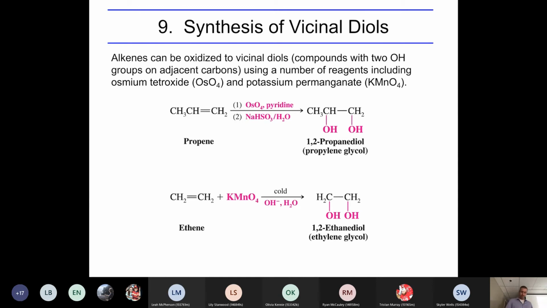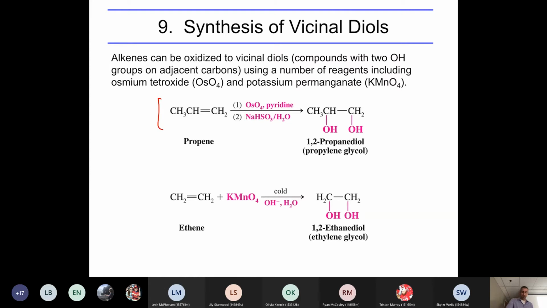And this can be done by treating it under either the first set of conditions, which is osmium tetroxide, OsO4. Osmium tetroxide is a fairly toxic compound. Osmium is one of those metals you don't come across that often, but we can use it here.